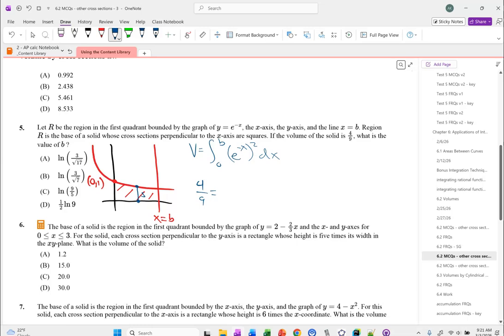And then we need the integral of e to the negative 2x dx. To find the antiderivative of that, I need to use a u substitution.